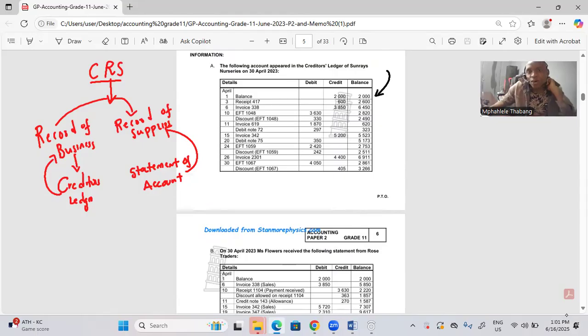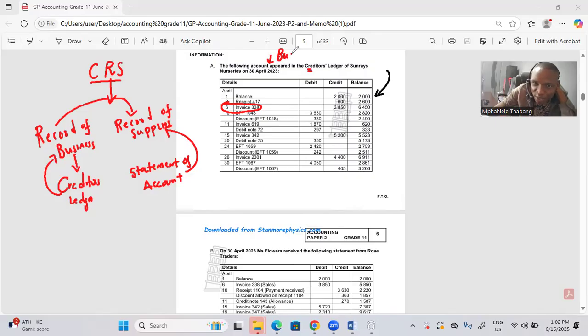Okay, guys. Let us look at invoice 338, which is on the creditors ledger. Remember, who prepares the creditors ledger? It is our business.